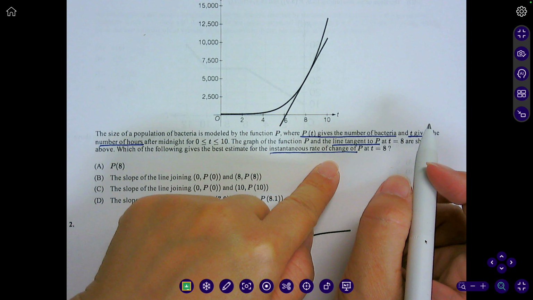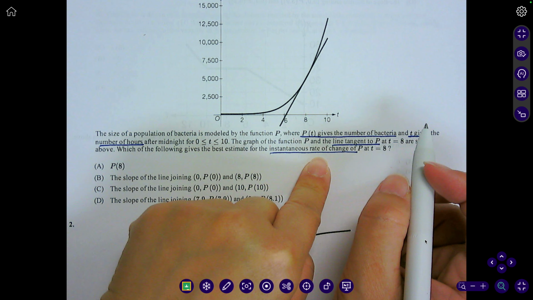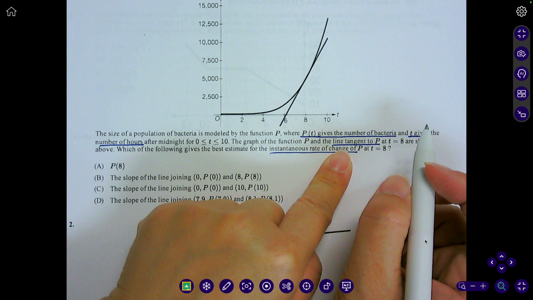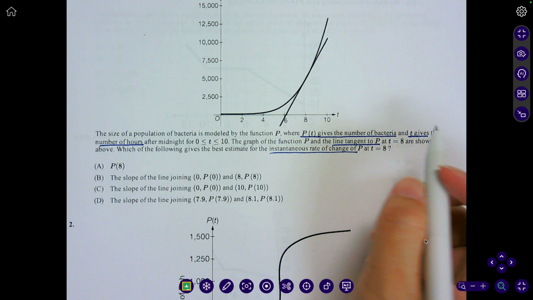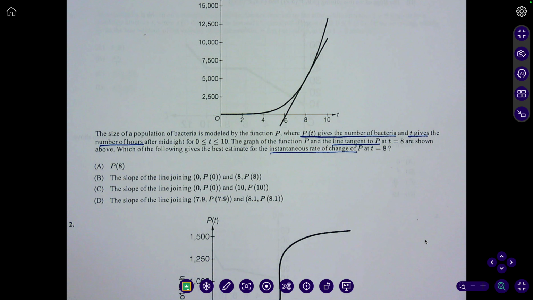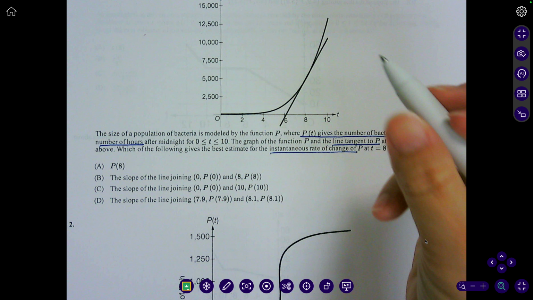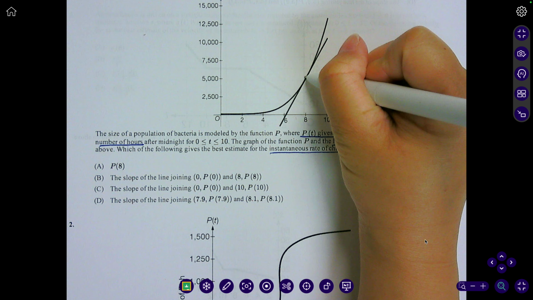Instantaneous rate of change in calculus tends to relate to line tangent. So make sure in the future when you see the words line tangent, you know they're talking about instantaneous rate of change. Okay?